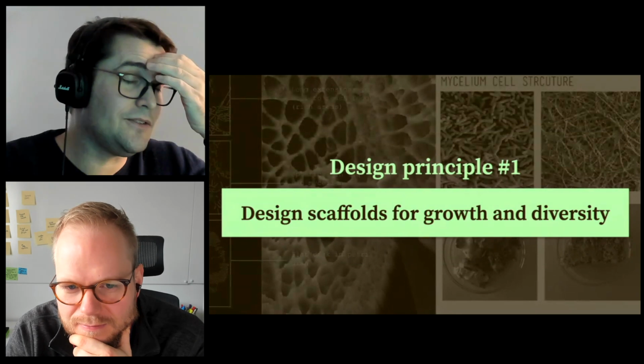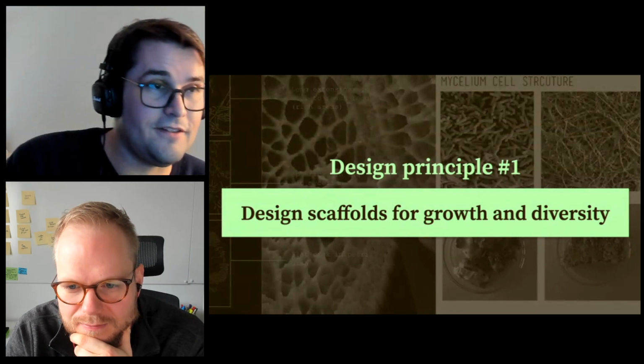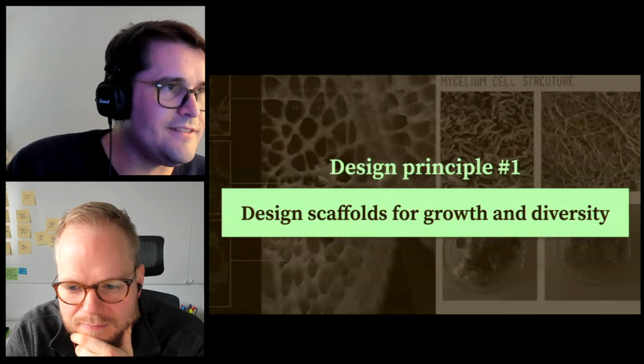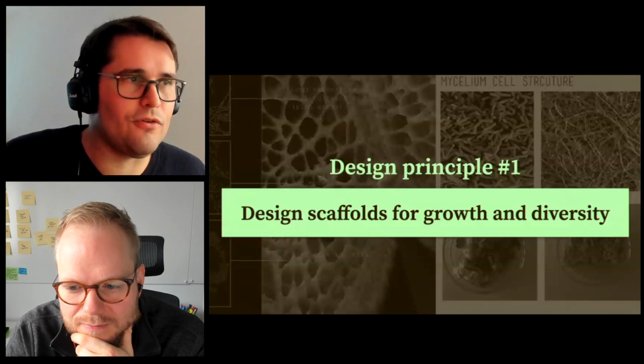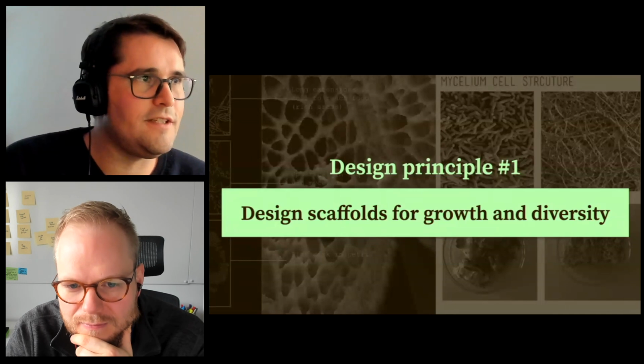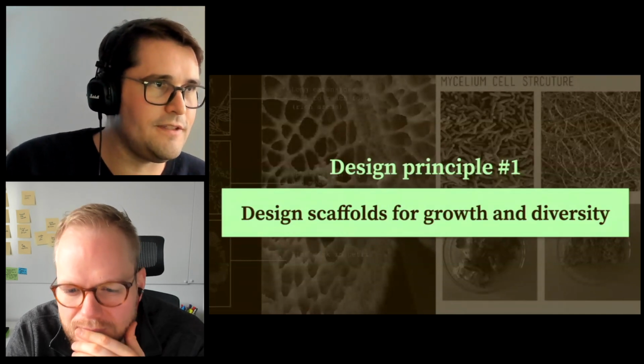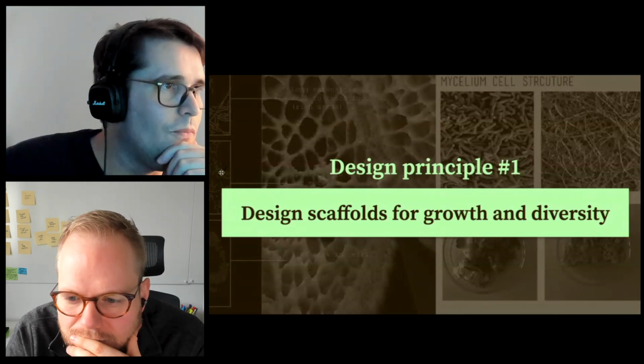So the first one is to design scaffolds for growth and diversity. And the idea here is, a scaffold is a kind of structure that helps grow or construct stuff, and you can see this is something found in nature as well.